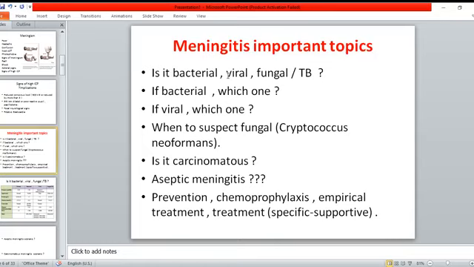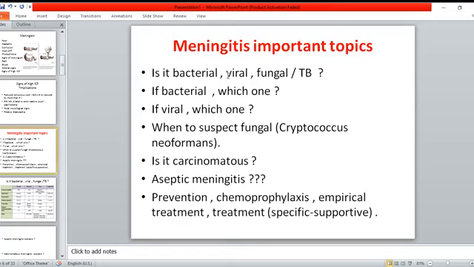So if you have been given a scenario of a patient presenting with symptoms and signs compatible with meningitis in the context of a history of breast cancer or lung cancer or lymphoma, you have to think of this differential diagnosis, carcinomatous meningitis.